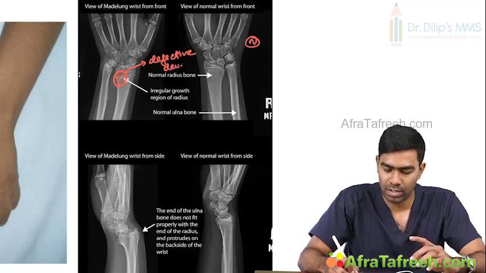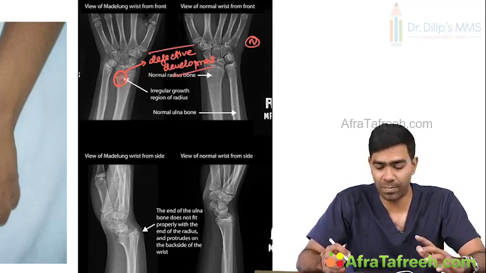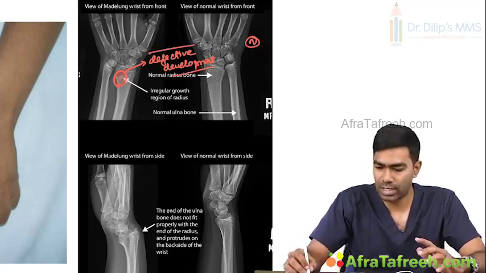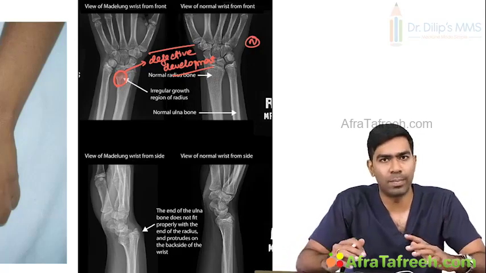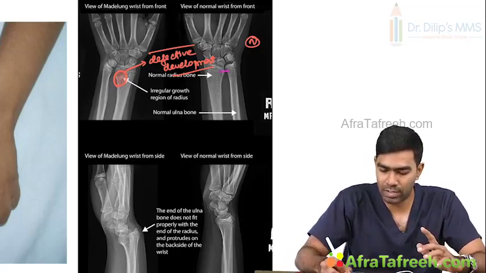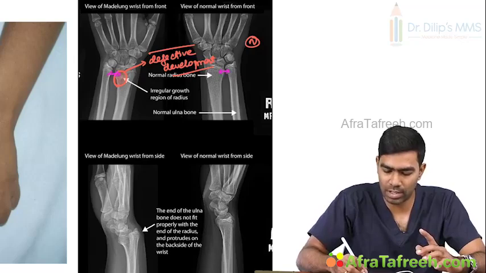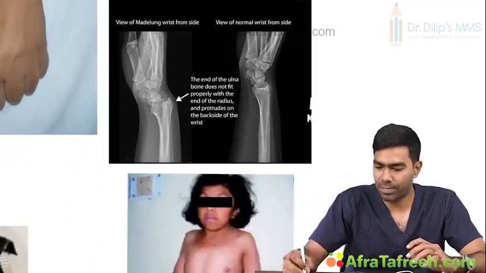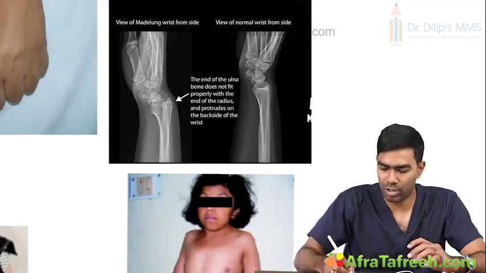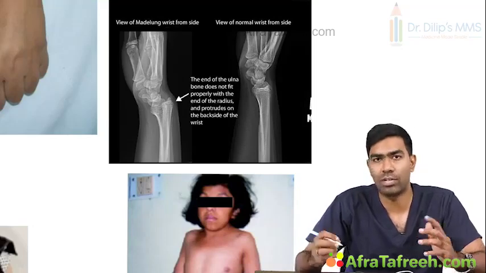Because of that, it will be underdeveloped, and because of the same, the distance between the two bones, that is ulna and radius, will be increased. Here the distance is very short, but here the distance is increased. Clear? And at the same time, there will be a dorsal subluxation of the distal radio-ulnar joint.